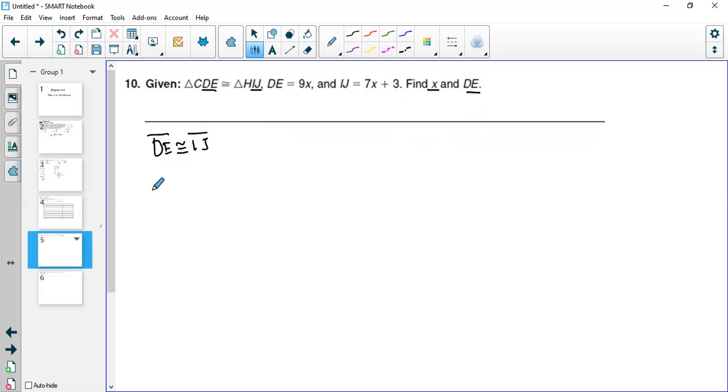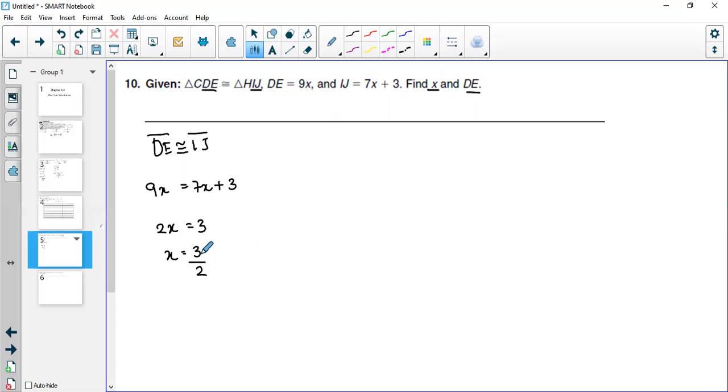Okay, that means 9x equals 7x plus 3. Now that's going to be 2x equals 3. X is going to be equal to 1.5 or 3 over 2. If you simplify it into decimals or fractions, it will be 1.5, but I leave it like that because we are going to substitute it back in the values.